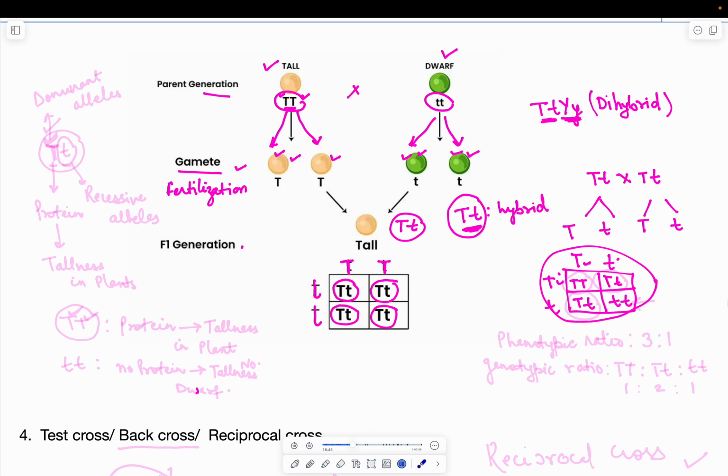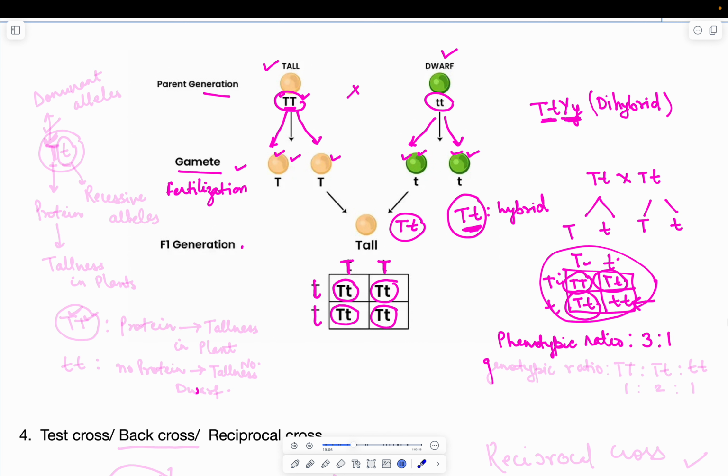Now we'll look at the phenotypic ratio. The phenotypic ratio in case of monohybrid cross will be: this individual will appear tall, this individual will also appear tall, this will also appear tall, but this one will be dwarf. So the phenotypic ratio is 3:1.